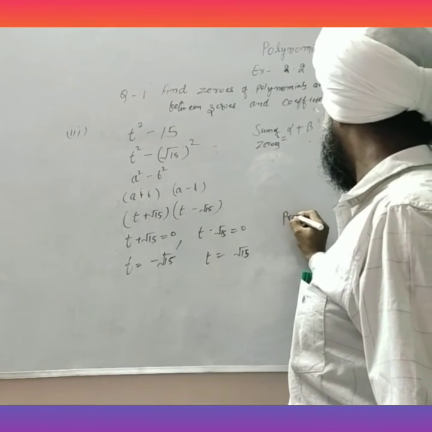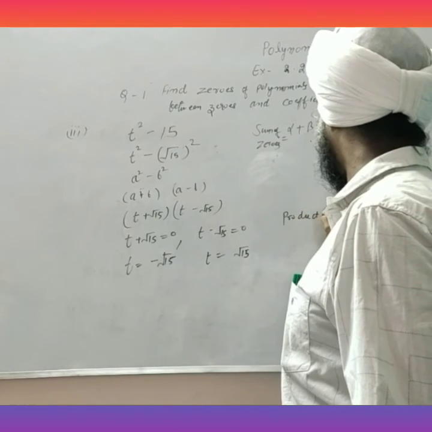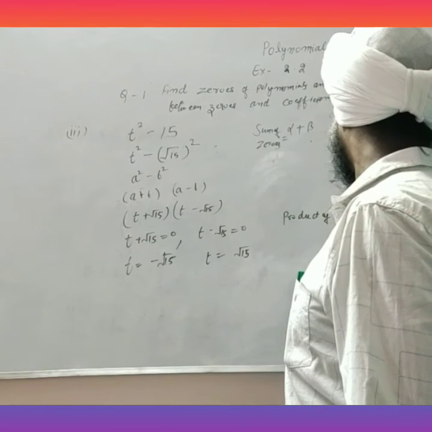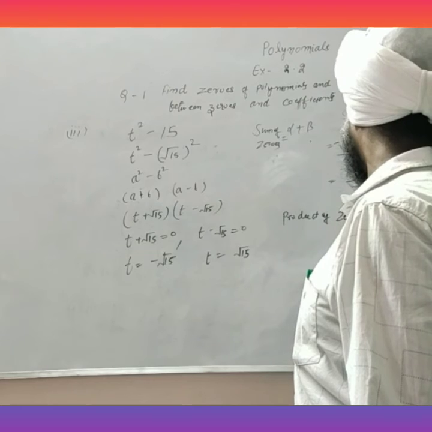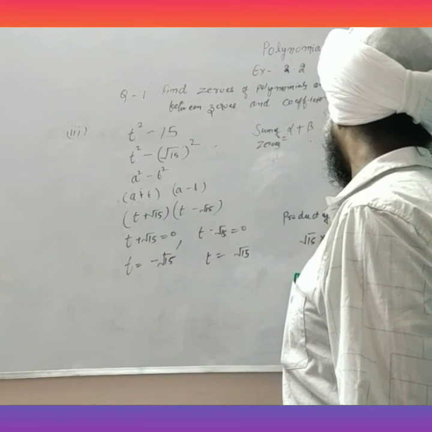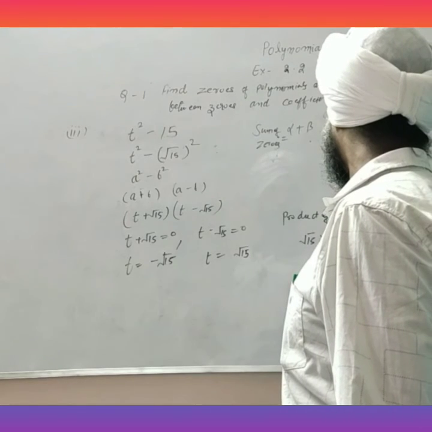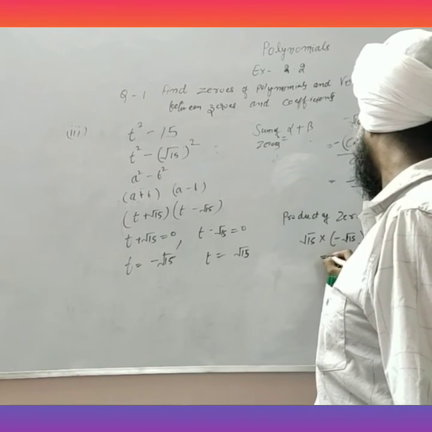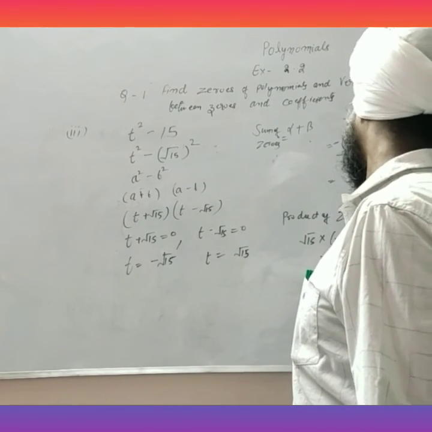Product of zeros, alpha into beta, is root 15 into minus root 15, which is minus 15.